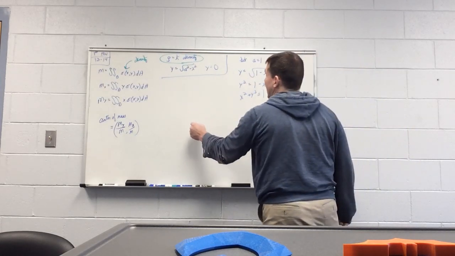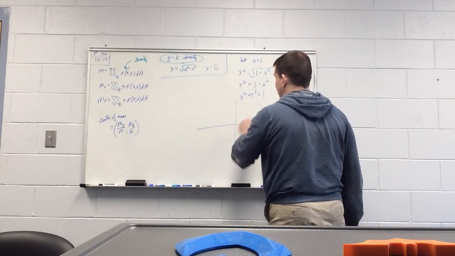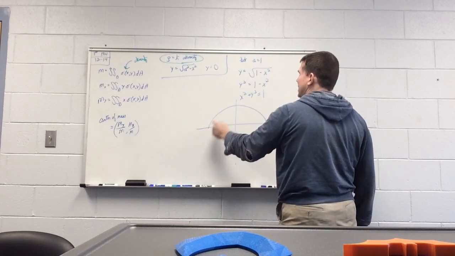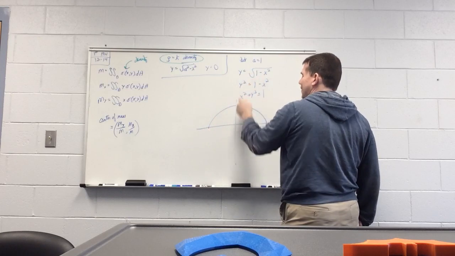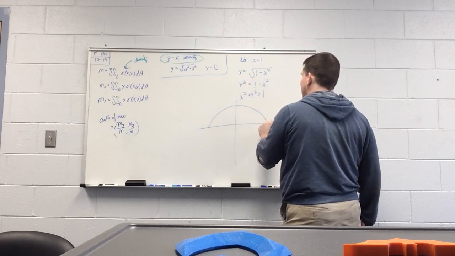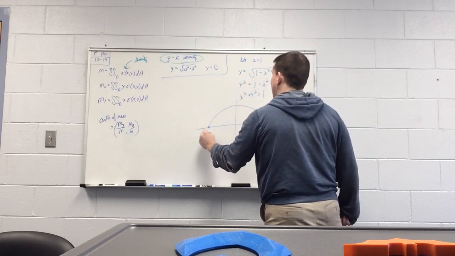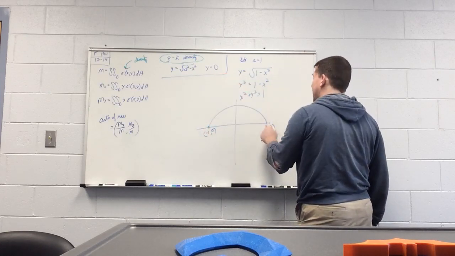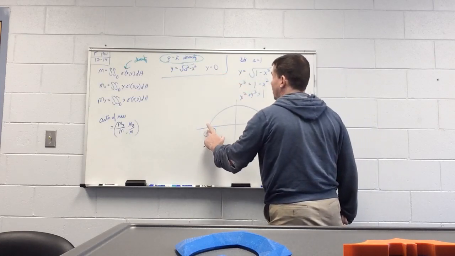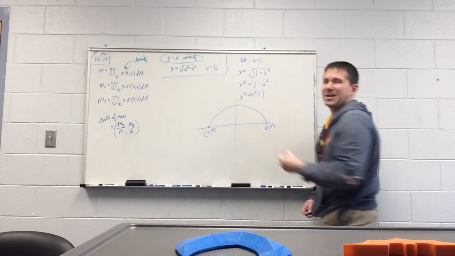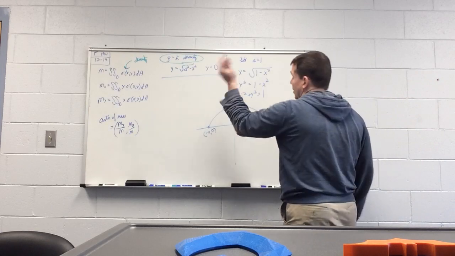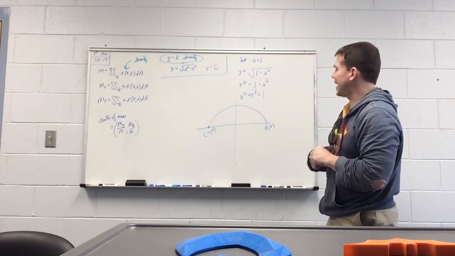Literally, you can say, okay, that's y equals 0. This is the graph I get if A is equal to 1. This would be the point (1, 0). That would be the point (-1, 0). Good, now replace 1 with A. That's (A, 0). That's (-A, 0). Nothing changes.